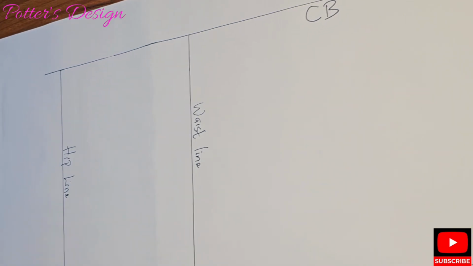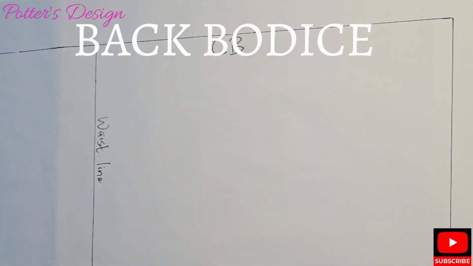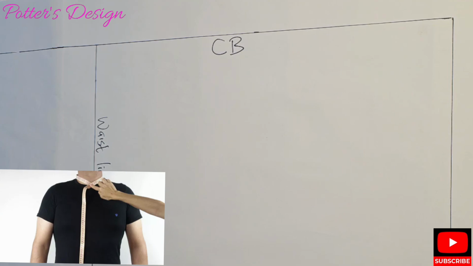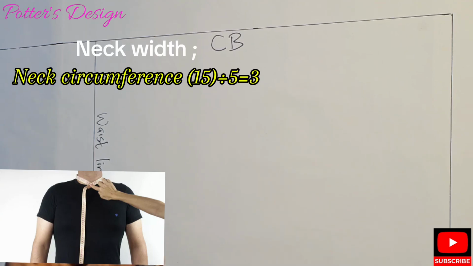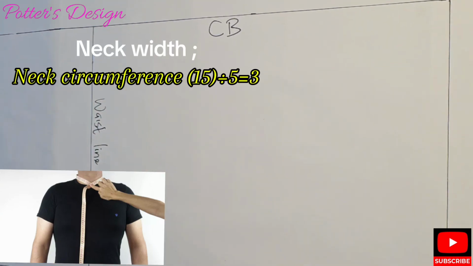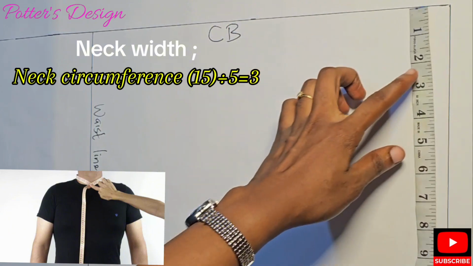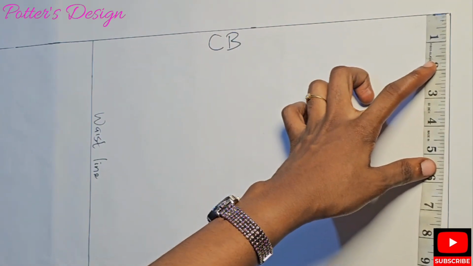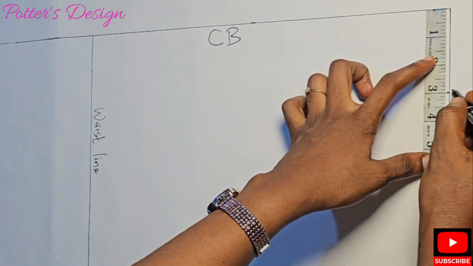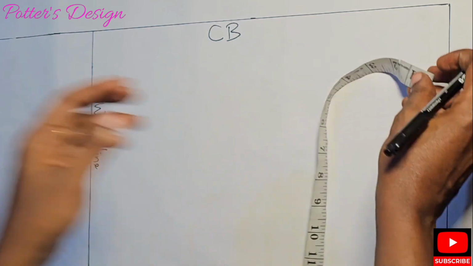So starting with the back bodice, neck width is neck measurement divided by 5. Mine is 3. So you mark it 3 inches width. For the depth, you use 1 inch.